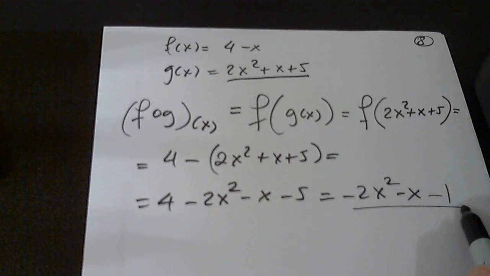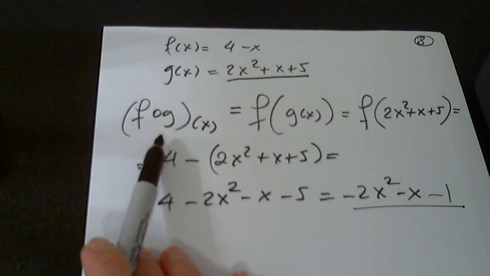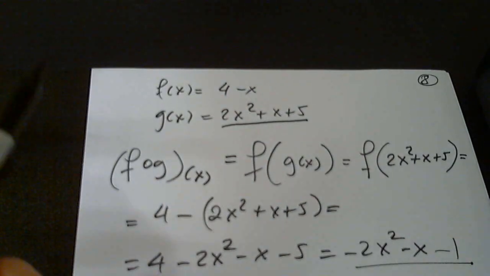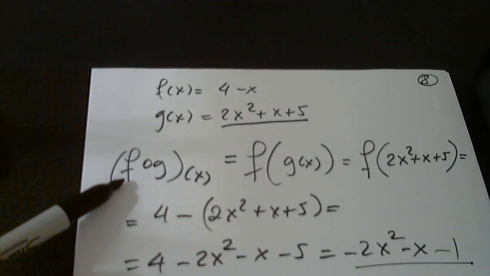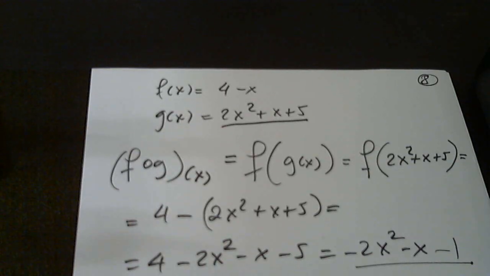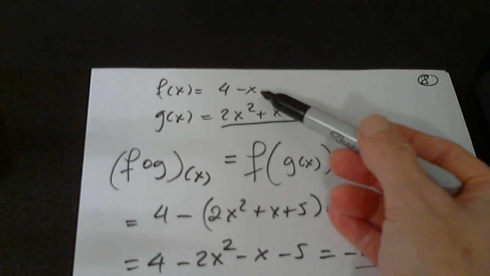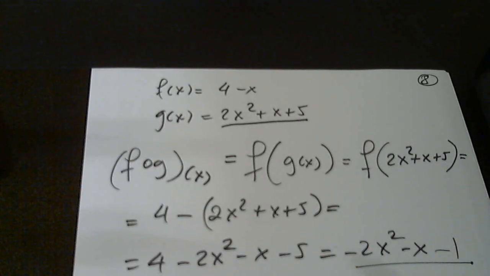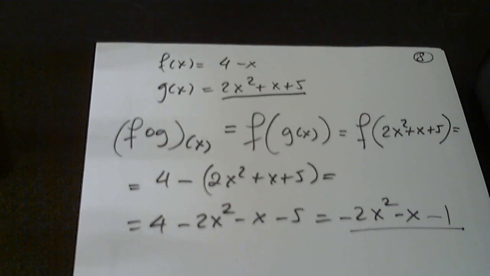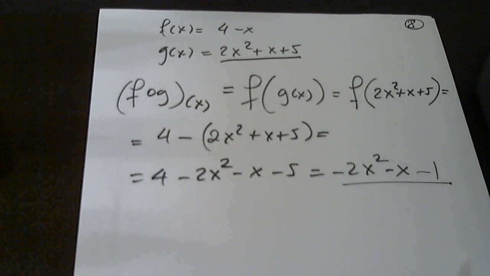What is this? Totally new. A totally new function obtained by composing f and g. And the domain is totally different. However, it happens that it's the same because they are polynomial functions, but that's good enough.